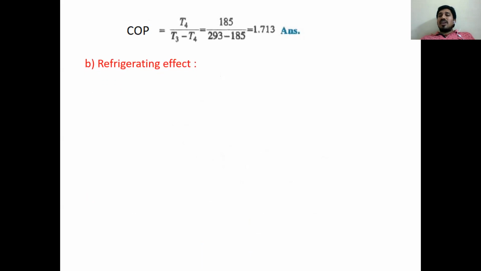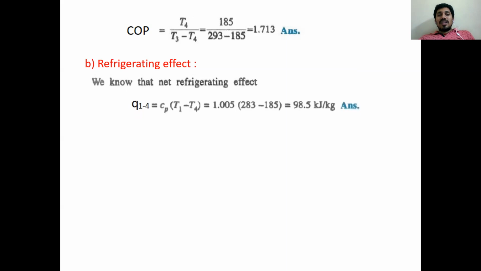Now the refrigerating effect, nothing but Q14 or QL, which is generally m Cp times T1 minus T4. But in the problem the mass of air was not given. That's why we calculate per kg of air. So per kg of air, I write small q14 is equal to Cp times T1 minus T4.